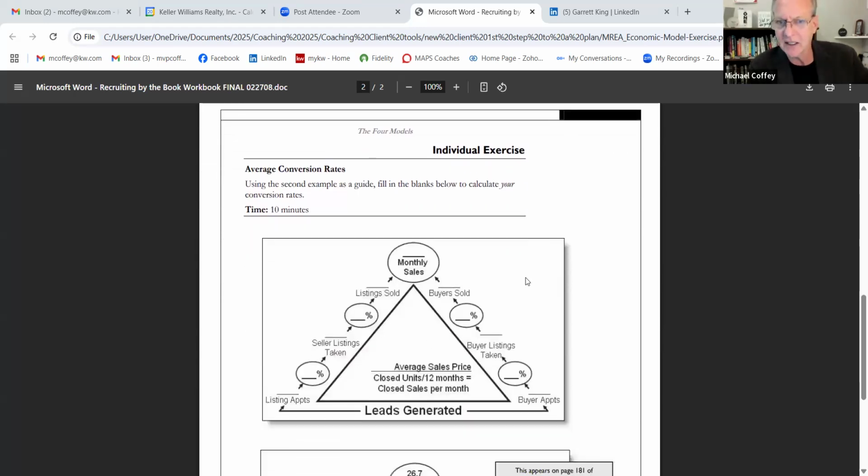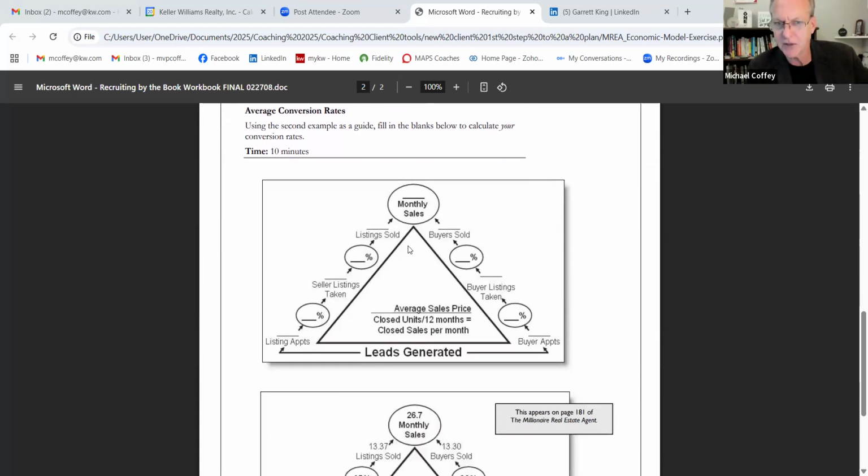So there's a sample for you to use, using your numbers in order to get the monthly number of sales. What's your percentage of listings versus buyers? What's your conversion rate of the listings you've taken to the listings you've sold?